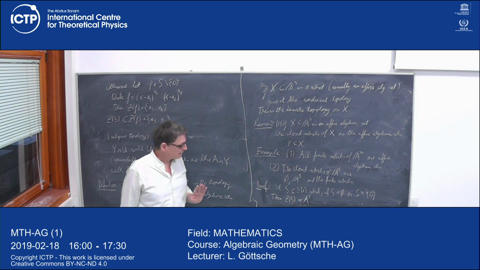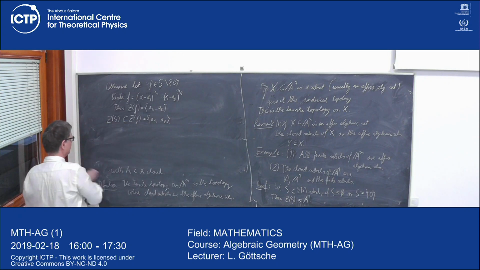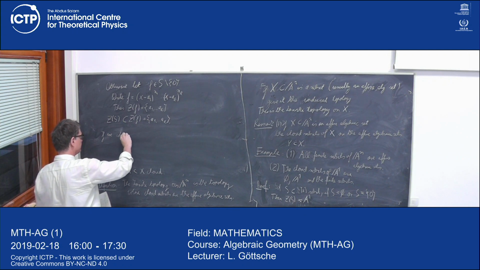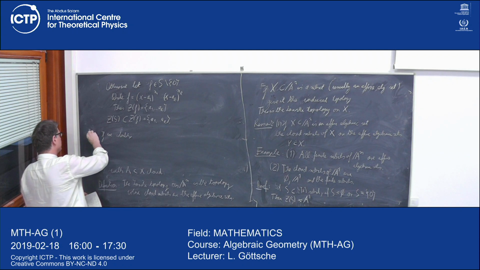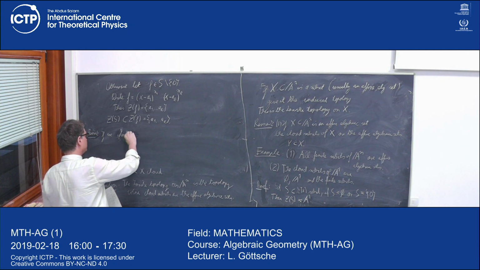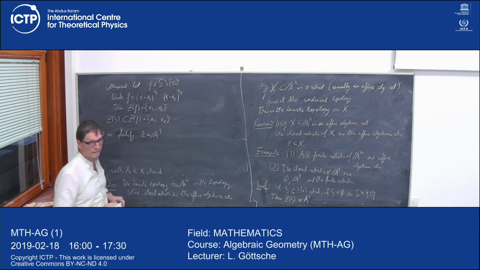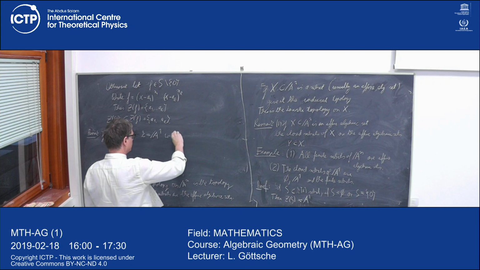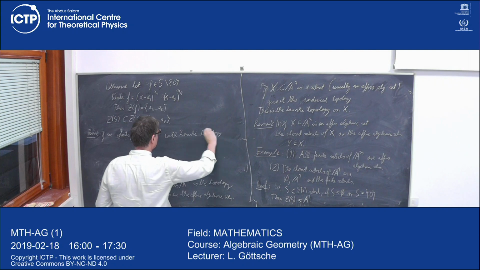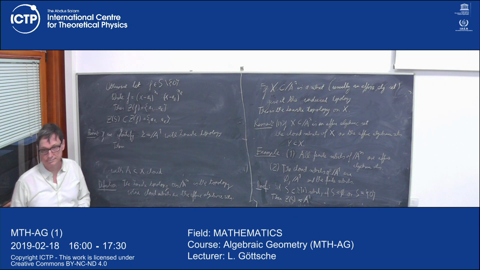Okay, but on the other hand, one can notice the following remark. If we identify K with A1 and with the Euclidean topology, then polynomials are continuous.